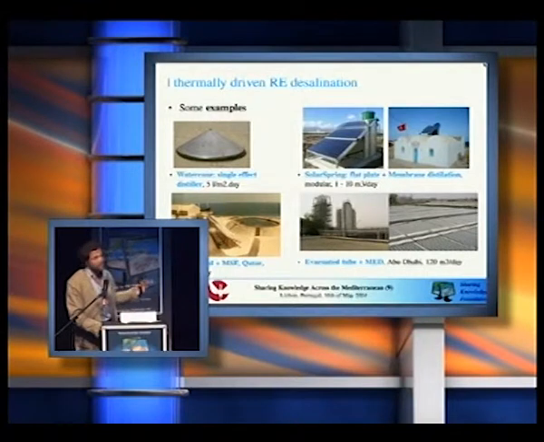So here we can see that we can have very simple solar collectors, more sophisticated solar collectors, very simple desalination technologies, or more complex and more efficient desalination technologies. So there is a broad range of technology combinations addressing different situations and different capacities.